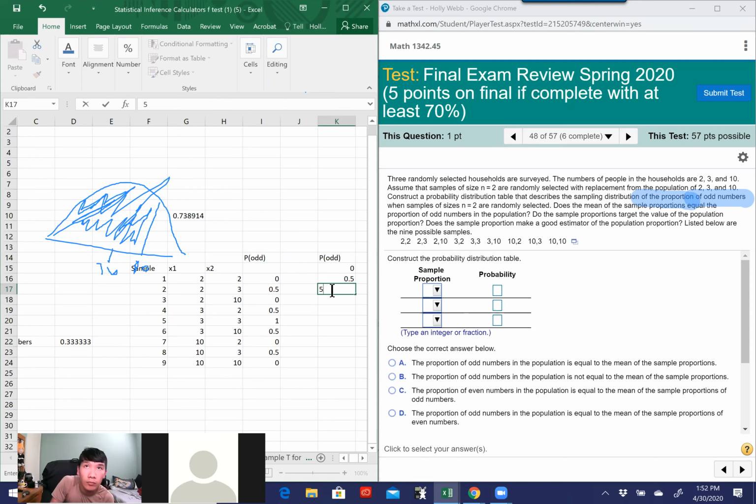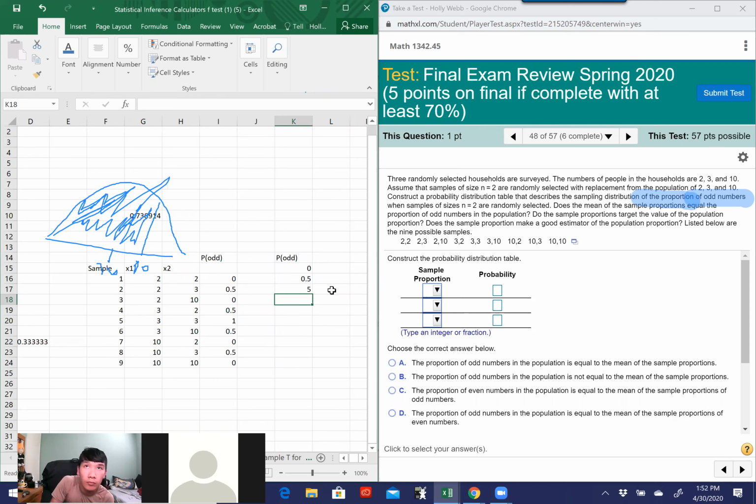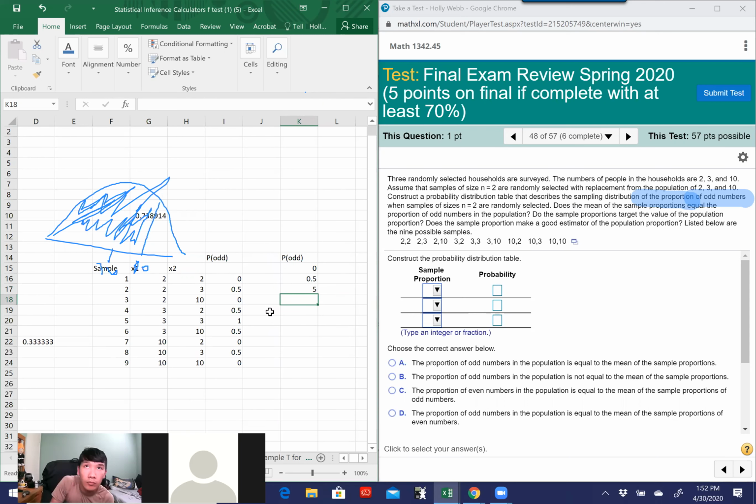And now we're going to make our probability. If this becomes our new sample, what's the probability that we would pull out a 0? So out of 9 numbers here, how many zeros do we have? 4. 4 ninths.